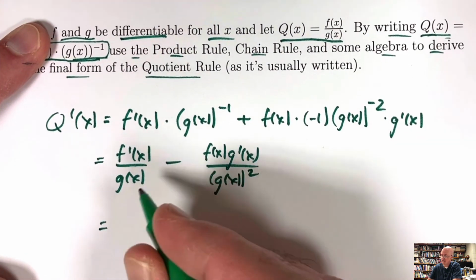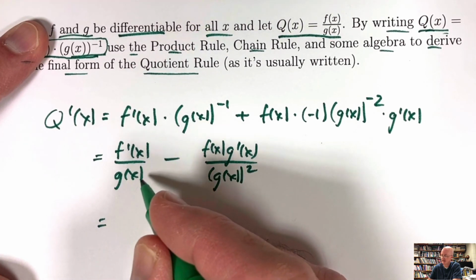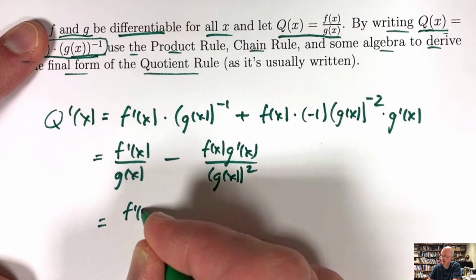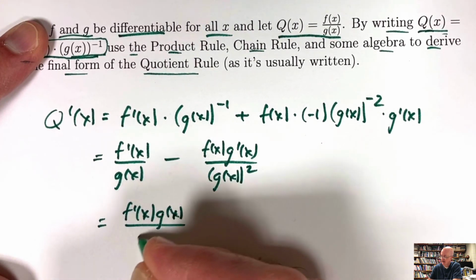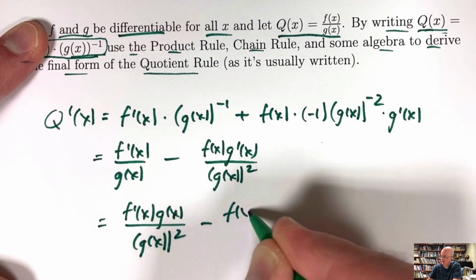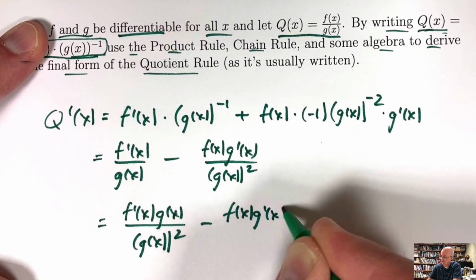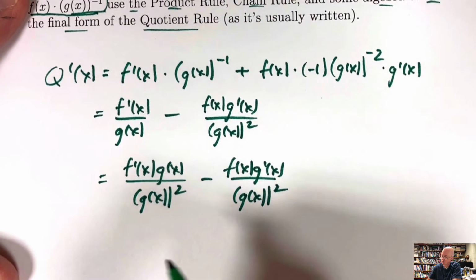To get a common denominator, I need to multiply this one by g of x on both the top and the bottom. It doesn't change the function because I'm really multiplying by 1. That's going to give me that common denominator. And now that I've got that common denominator, I can now subtract these two fractions by subtracting their numerators.